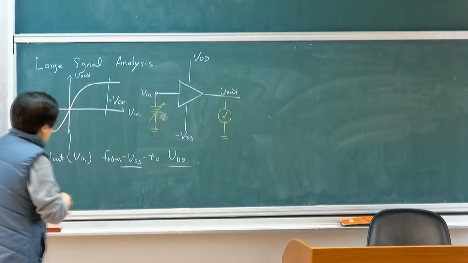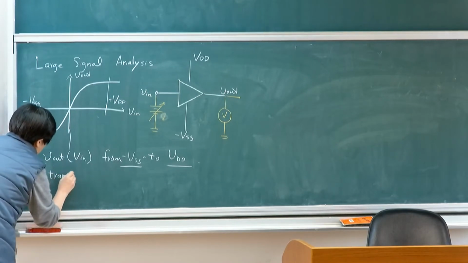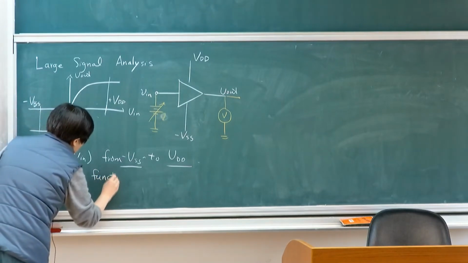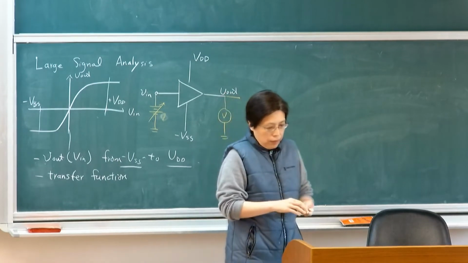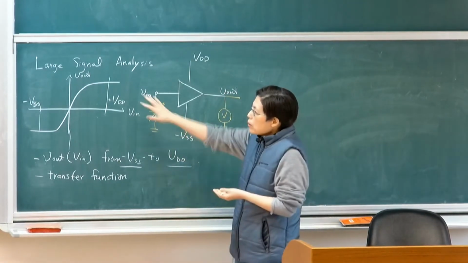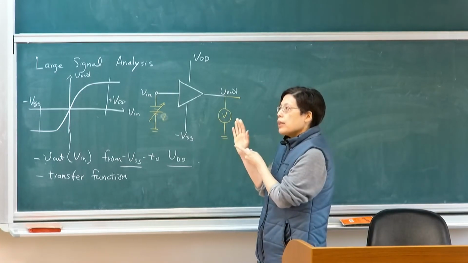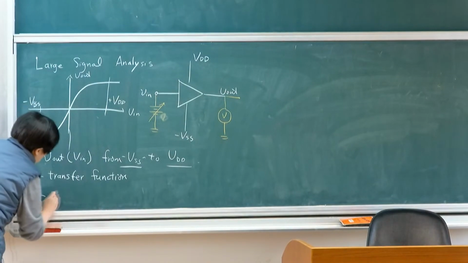This is called the large signal analysis, or your transfer function. Transfer function or transfer characteristic is typically how we analyze the large signal response of a circuit. As you see, in most of these cases it operates in different ranges, and then it's typically nonlinear.